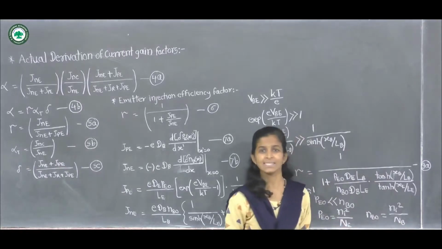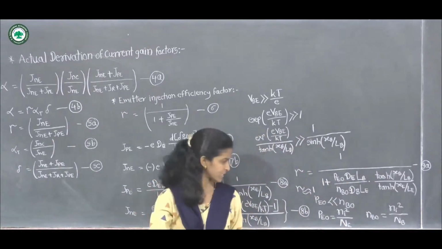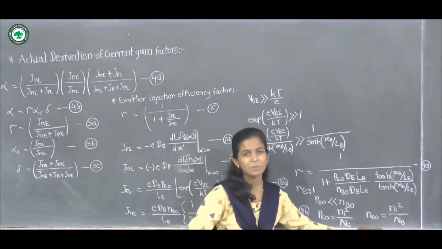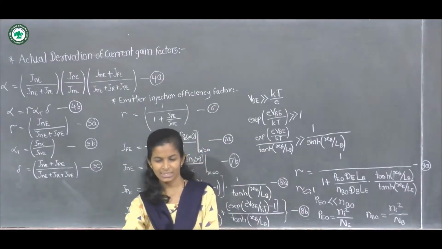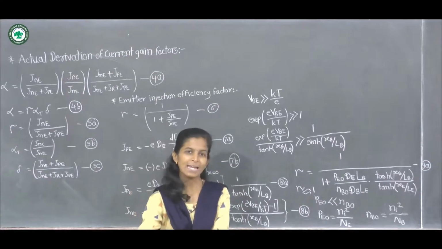Here Ni is the intrinsic carrier concentration, while Ne and NB are the impurity doping concentrations in the emitter and base.